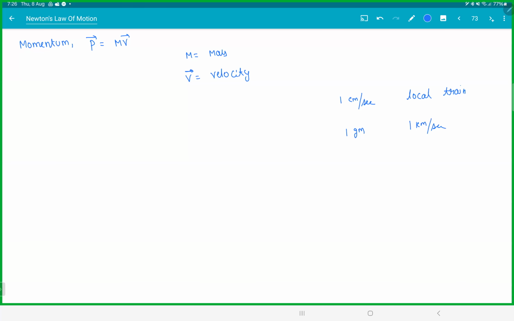See, in 10 seconds my answer changed. When I said 1 centimeter per second, you're not scared of the speed, you got scared of the mass. When I said 1 gram, you didn't get scared of the mass, you got scared of the speed. So what are you actually getting scared of? The product. It's not the mass that you're scared of, it's not the velocity, but the product.